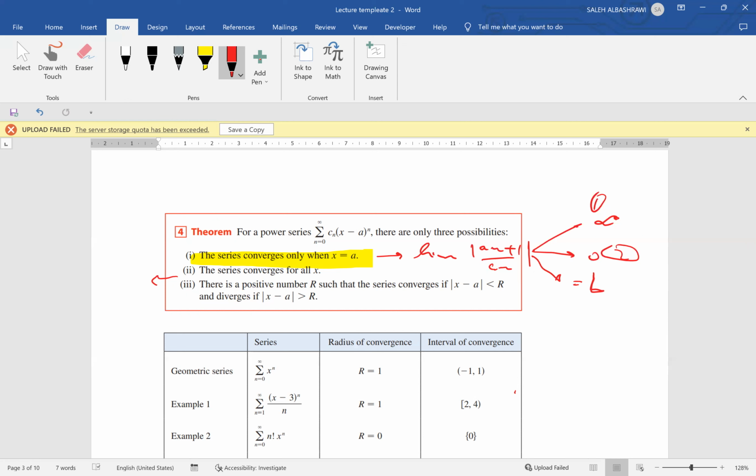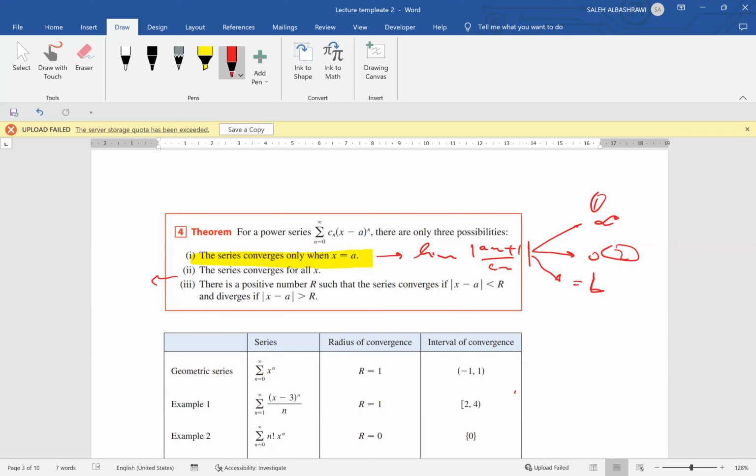So the limit of the ratio test has three cases. Either the limit goes to infinity, and in that case the series converges only when x equals a. Second case, when the limit of a(n+1) divided by a(n) is equal to 0, and in this case the series will converge for any value of x.